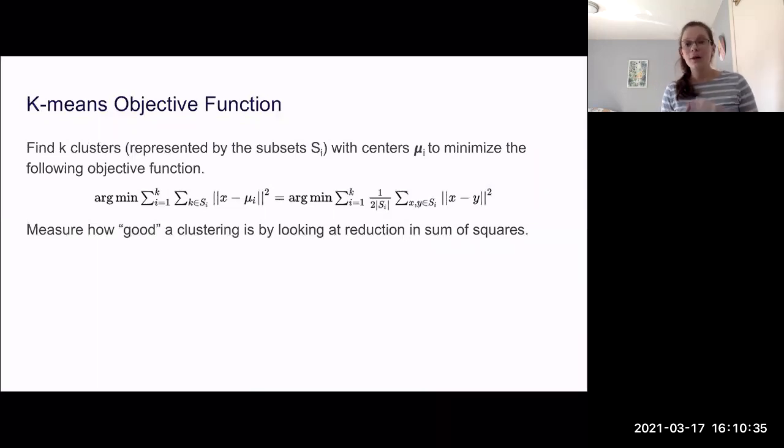And one of the most popular algorithms would be the k-means algorithm or variants thereof. For this particular kind of clustering, we can think about it as being based on distances. So for k-means, we want to find k clusters, which could be represented by the subsets of points that we assign to each cluster, each group, so that we minimize the distance of points to their center squared.